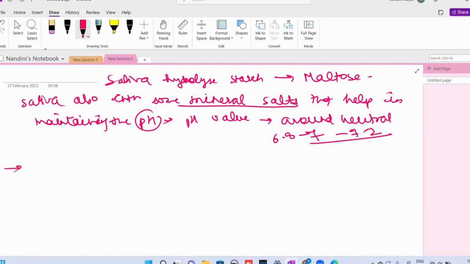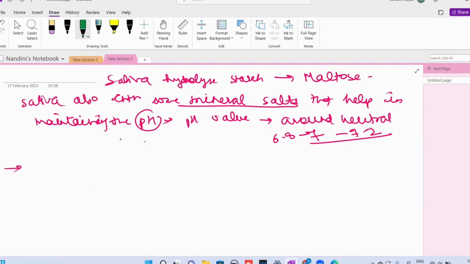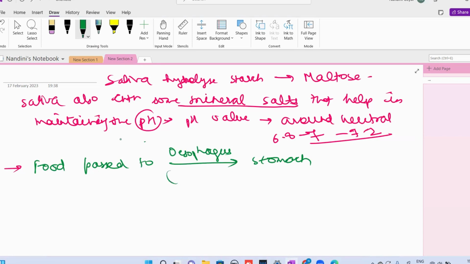Fine. Now, the next thing that is going to happen: the role of the mouth is now over. So food passes to the stomach, through the esophagus. The esophagus is called the food pipe.